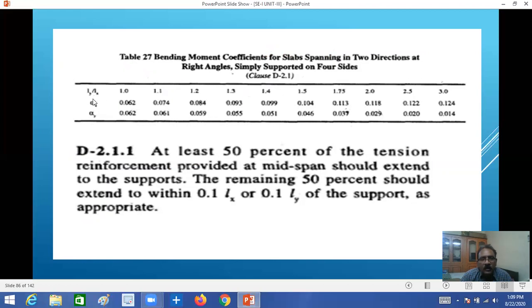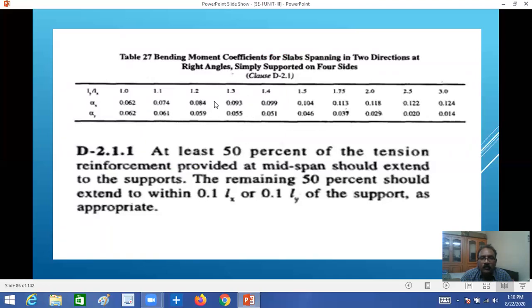See here Ly by Lx, alpha x and alpha y. Depending upon Ly by Lx, you will get alpha x and alpha y, so you can calculate the moments Mx and My. Mx equals alpha x w Lx square, and My equals alpha y w Lx square.